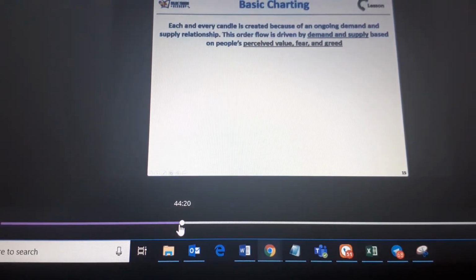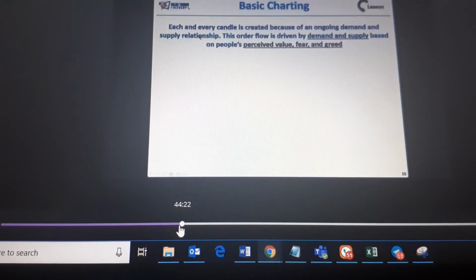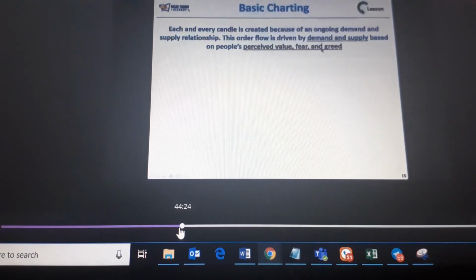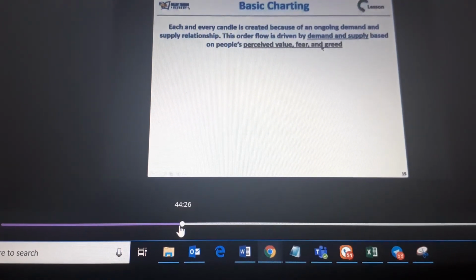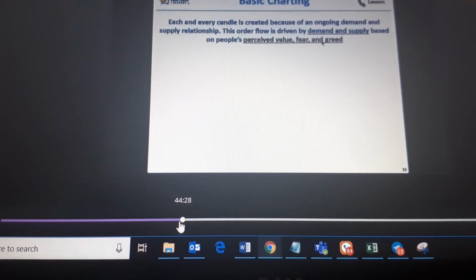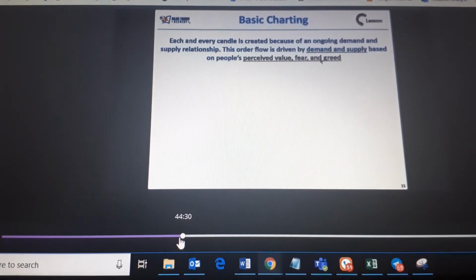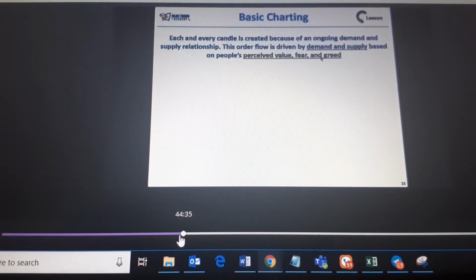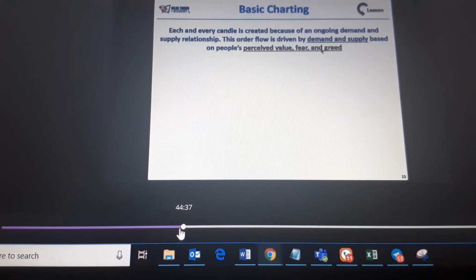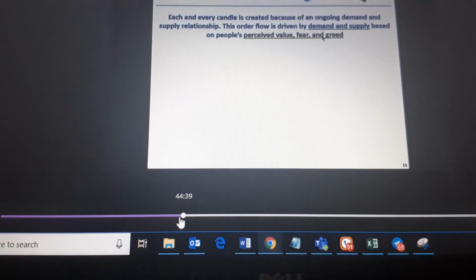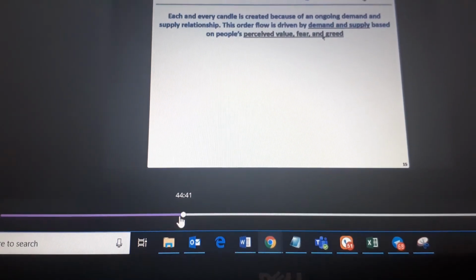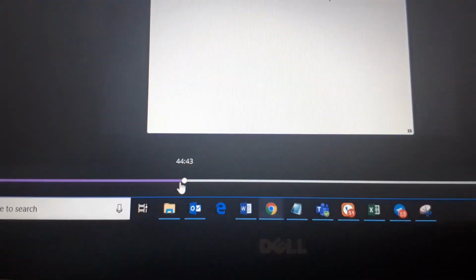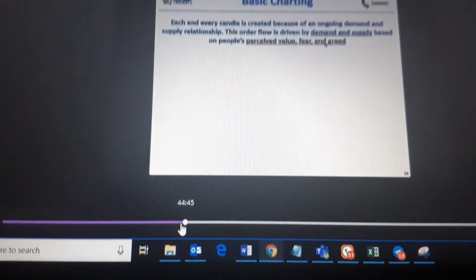Now, how is this ongoing demand and supply relationship created in the chart? It's because the order flow is driven by demand and supply based on people's perceived value, fear, and greed. Let's suppose the news has come negative for that stock, so everybody is going to sell. That's the fear in the mind of the people.